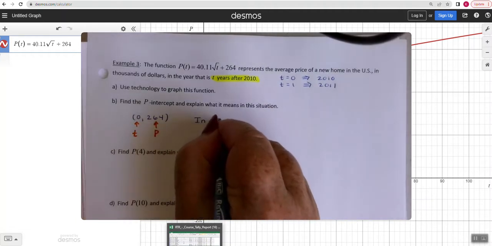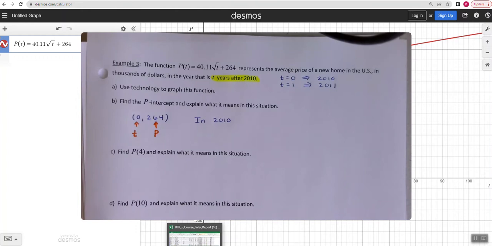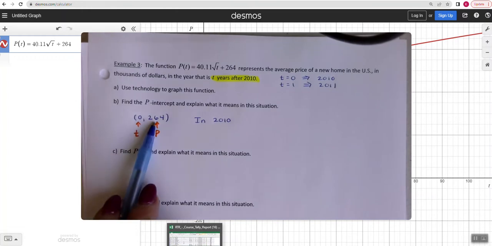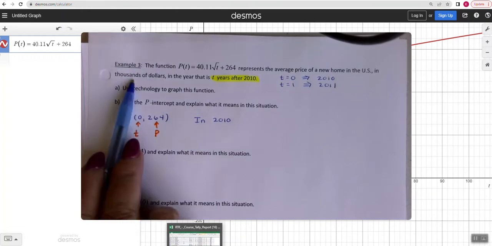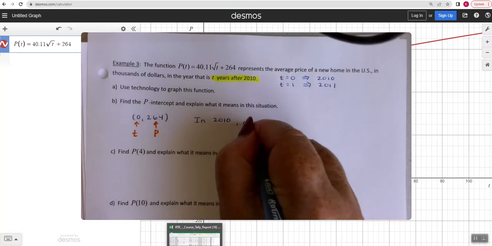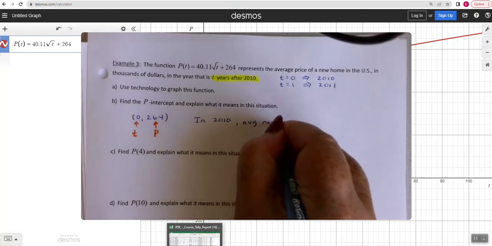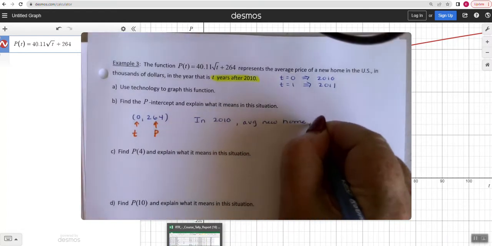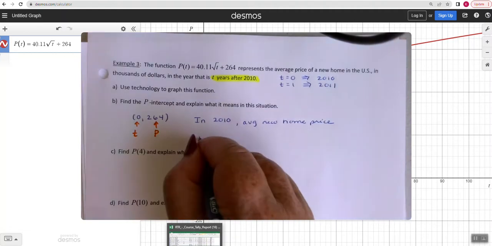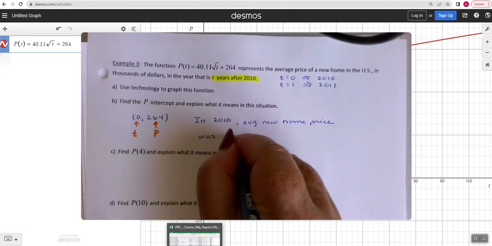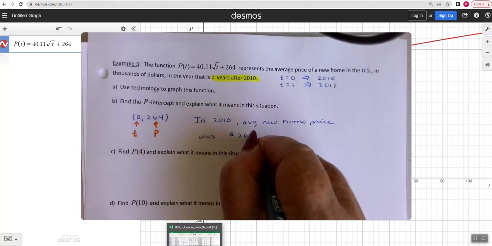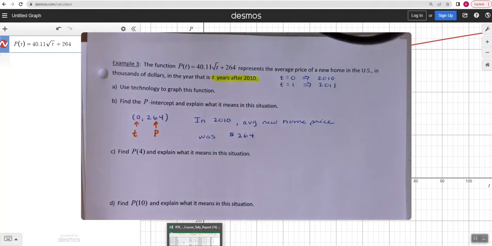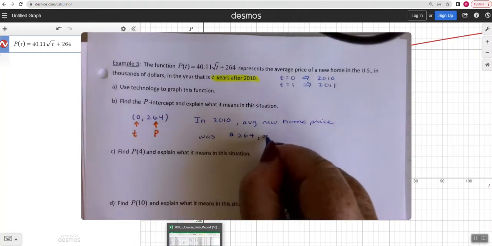So in 2010, the average price of a new home was $264,000. And you can either write out the word thousand, or you can just add the thousands. That's up to you.